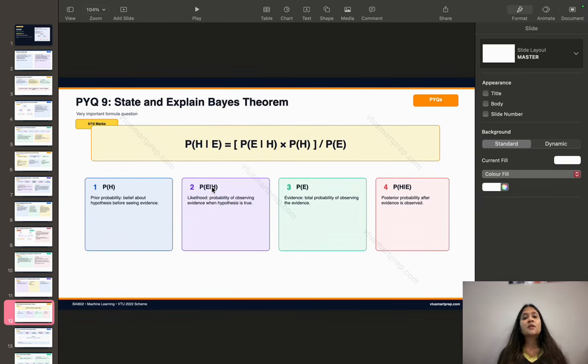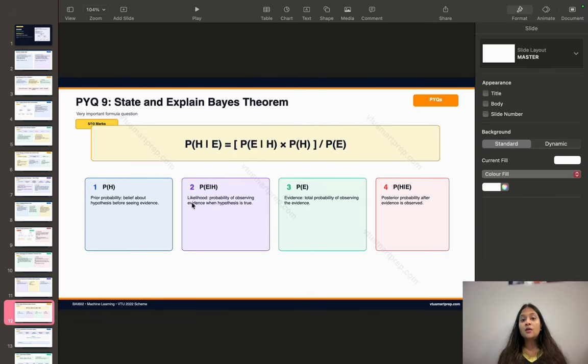State and explain Bayes theorem. You have the formula, and then you have to explain what P of H given E means. P of H, what it indicates. You have to explain each term. Just now in the previous slide I told you that you should understand what prior probability is. This is how it indicates prior probability.